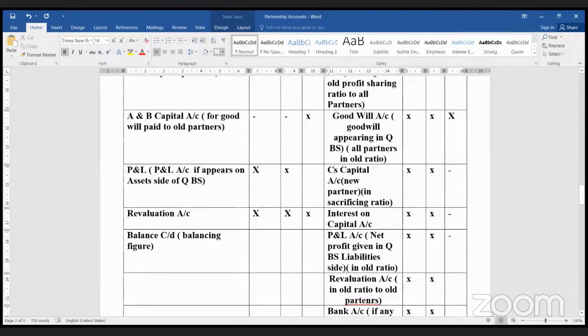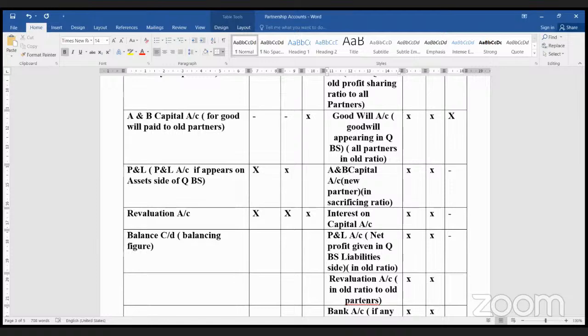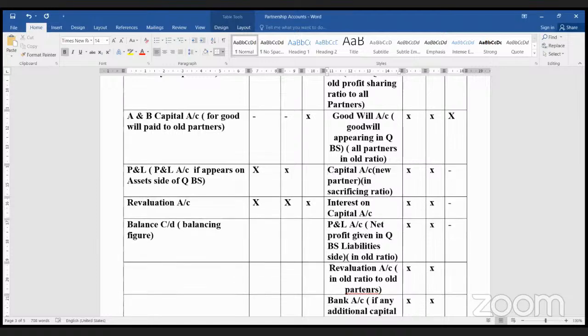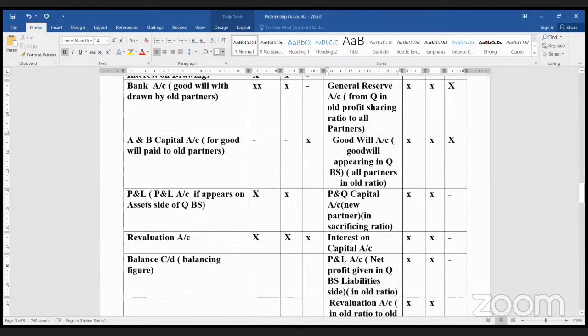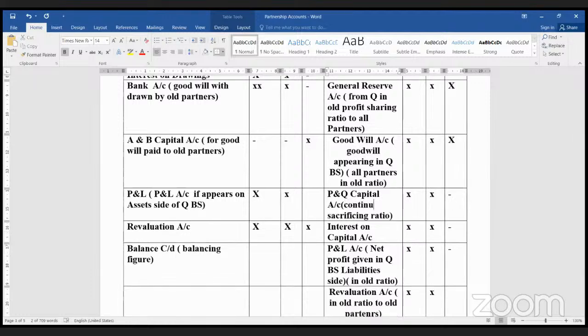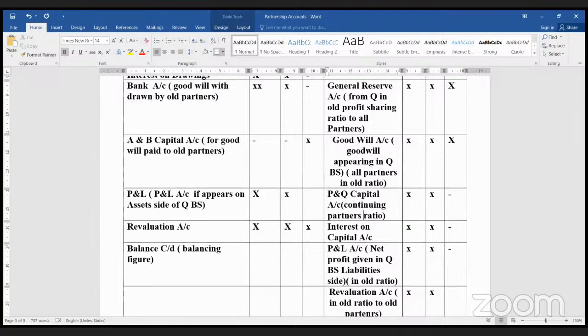This goodwill is relating to the retiring partner. If R is retiring, in the P and Q capital accounts, what ratio will be there?